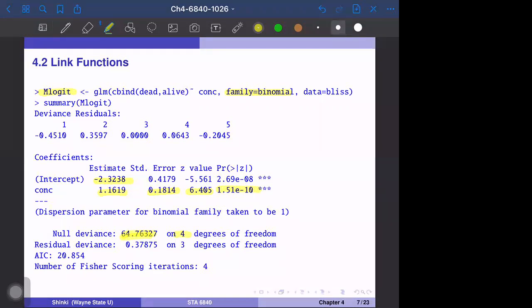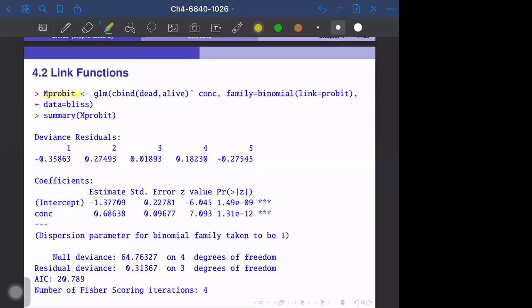Okay, so next one, the probit model. The same function, but we can specify the link function as probit. The default is logit, so we didn't specify it in the previous slide. And here we have the intercept and the coefficient for concentration. This comes lower, 0.68, while in the previous one it was 1.16.